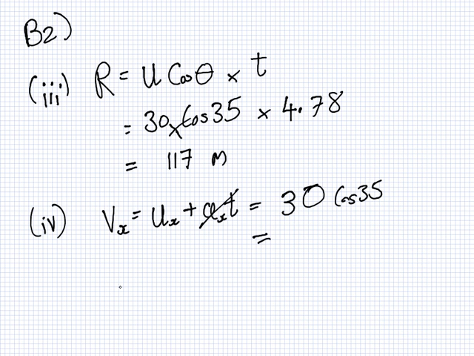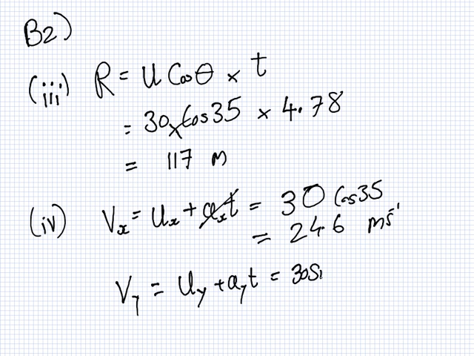And we can get that, please. Yeah, 24.57. So always the velocity before it hits the ground is the same as u horizontally. And then Vy is Uy plus Ayt, but this time there is an a. This will be u sin theta minus 9.81 times 4.78. So what is that, please? And then we are finished this part.